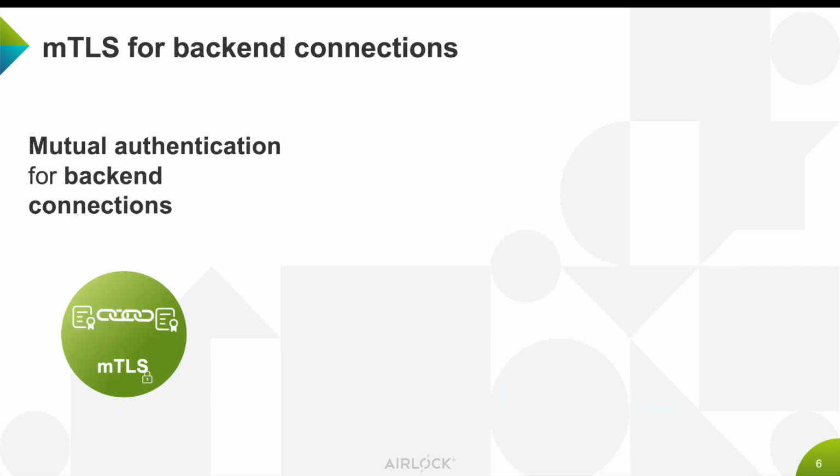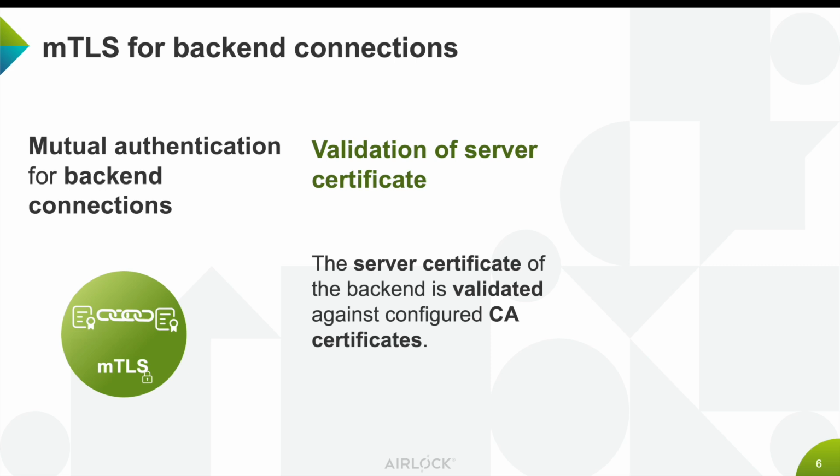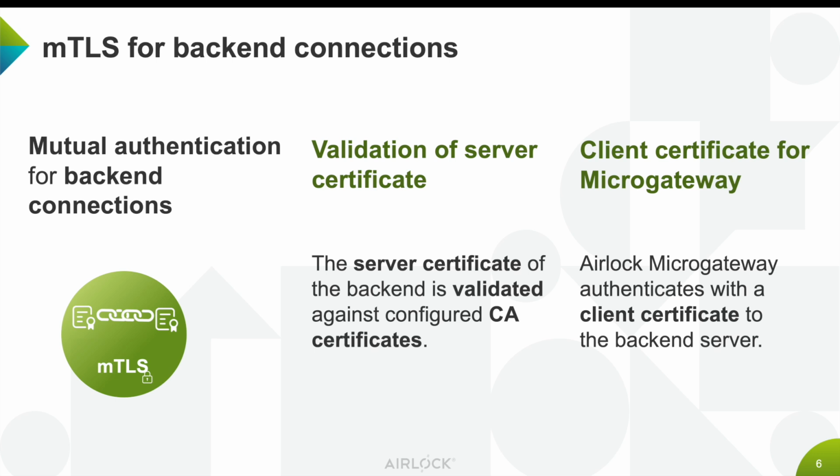Not only must clients authenticate themselves to Microgateway, but Microgateway must also authenticate to the backend server. Microgateway validates the server certificate of the backend against the configured CA certificates. Microgateway can be configured with the client certificate to authenticate itself to the backend server.